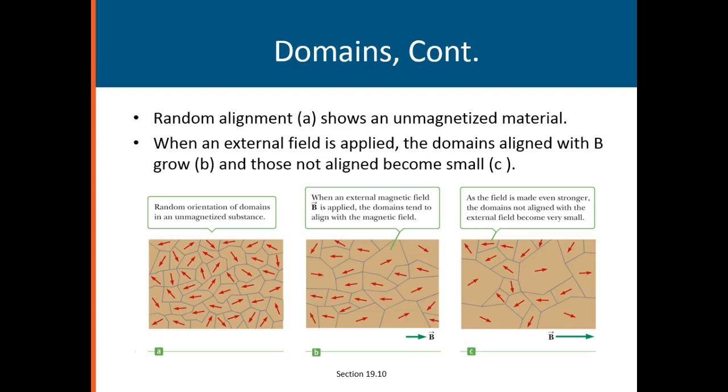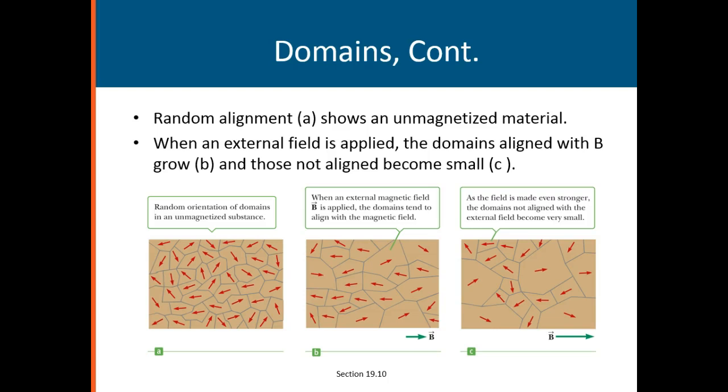But if the magnetic field gets even stronger, the B gets stronger here, then bigger domains line up with the field, and the ones that line up counter to the field get even smaller, okay? So it's not just the direction of the arrow, it's the strength of the arrow. So in my mind, these arrows should be stronger.